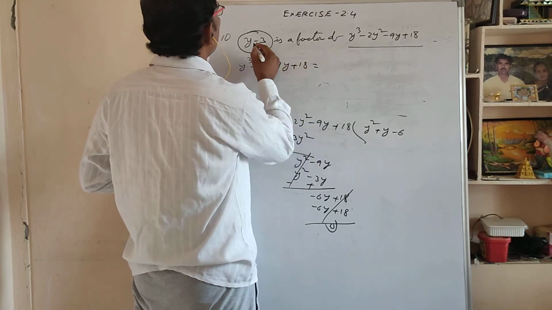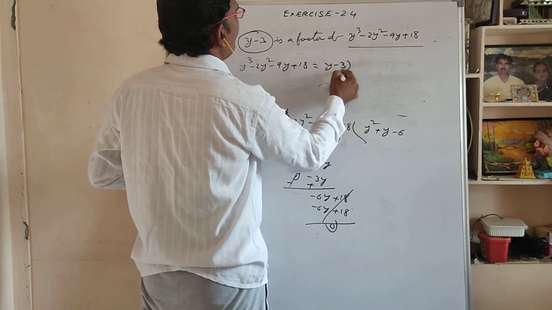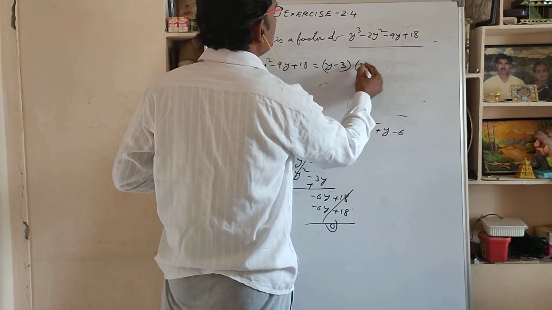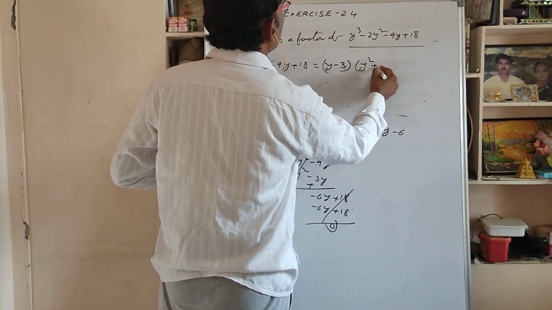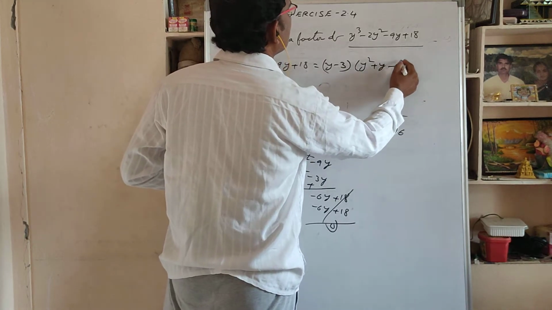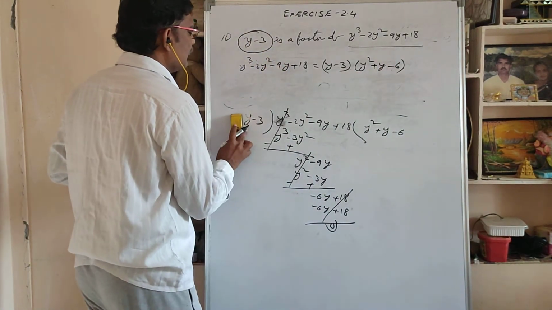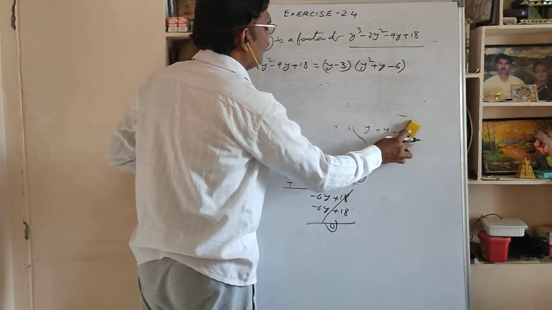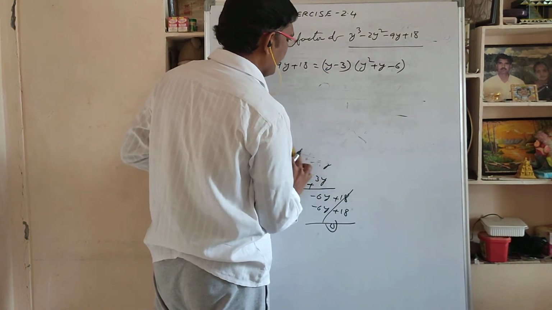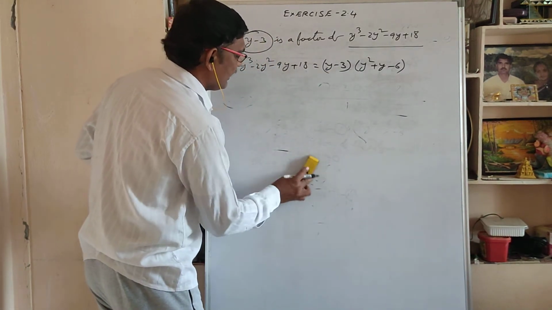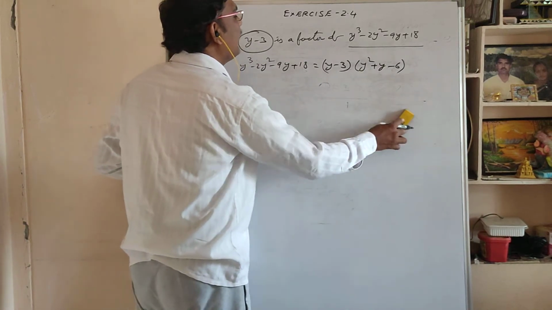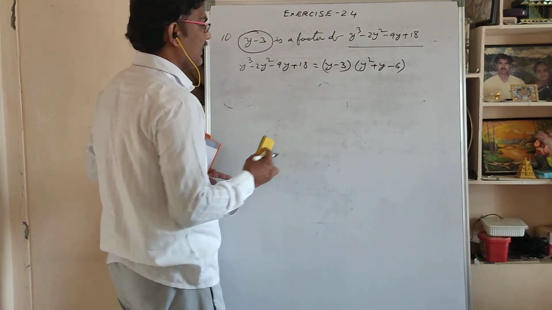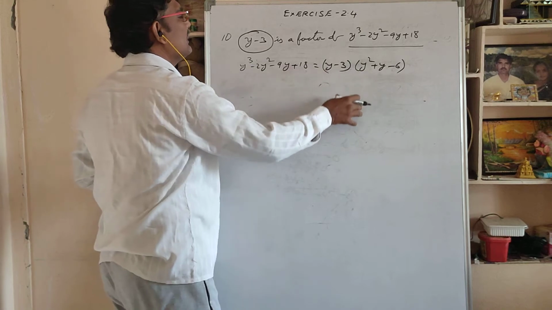This is a cubic polynomial. Is equals to y minus 3 into quotient. What is this quotient? Y square plus y minus 6. You got like this. Then what you have to do? 1, 0, you got it. These two you have to factorize. You can take this separately and you can do factorization, or you can factorize here also.